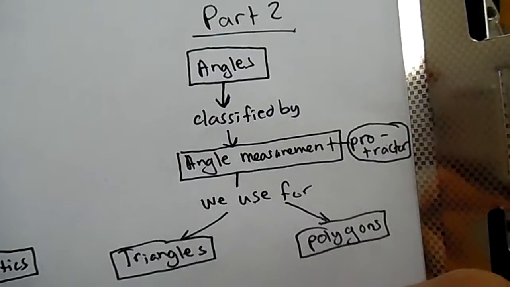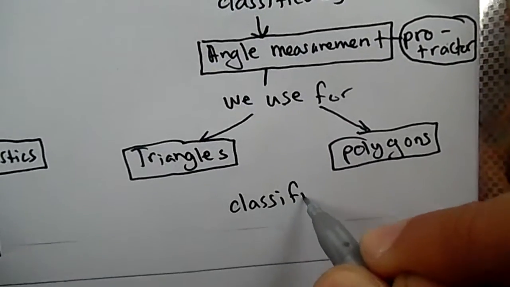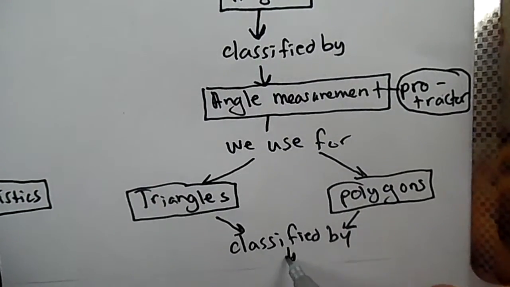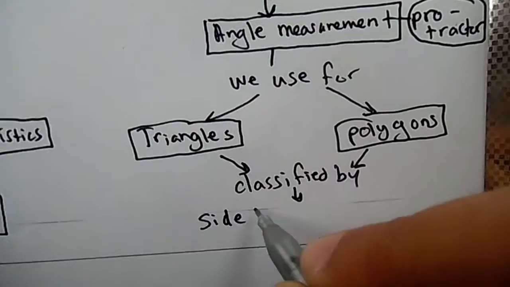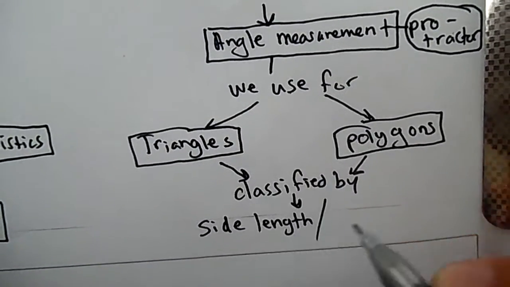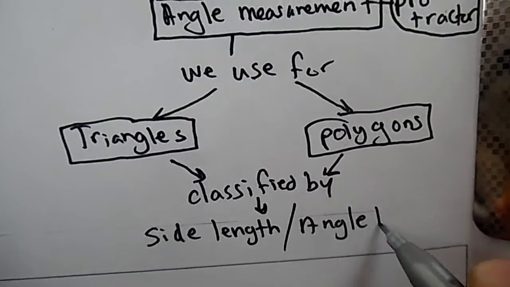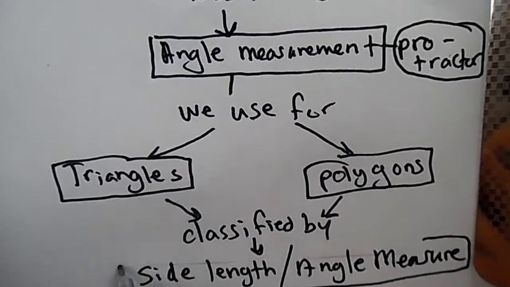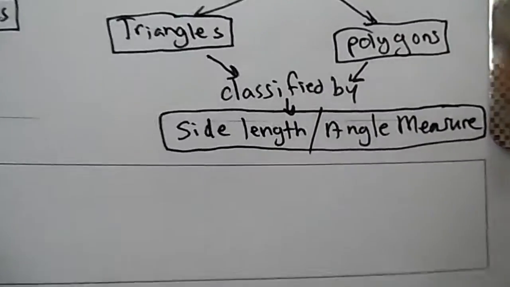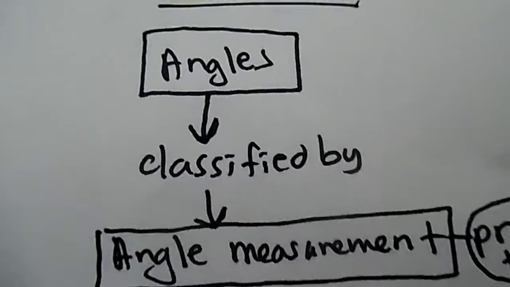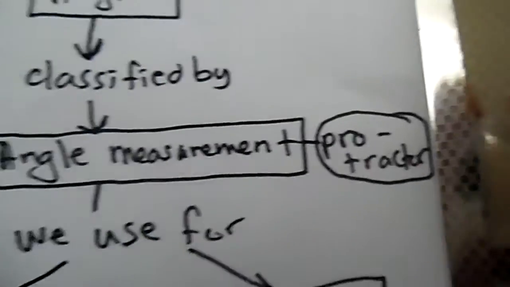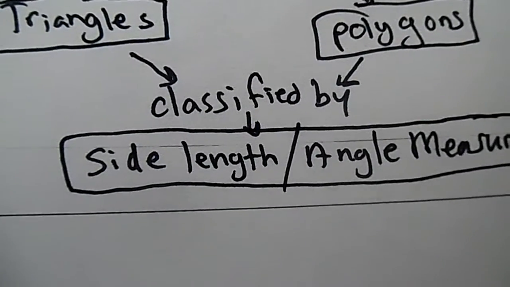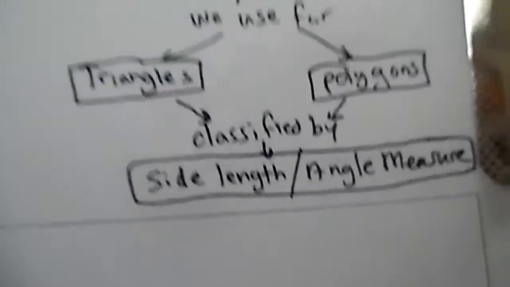And these are both classified by, which we know is just put in the groups, side length and angle measure. Good. So we see angles classified by angle measurement. We use a protractor and we use them for triangles and polygons. And those are classified by the side length and angles.